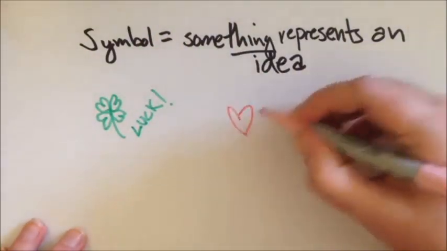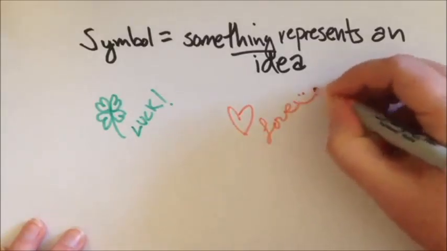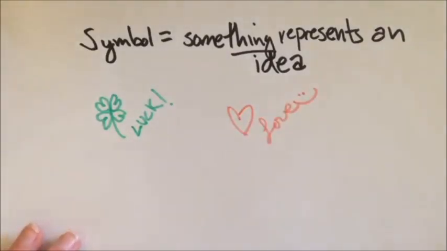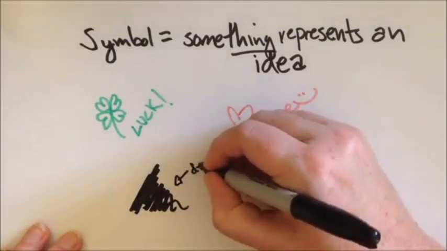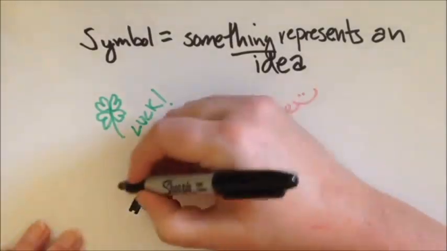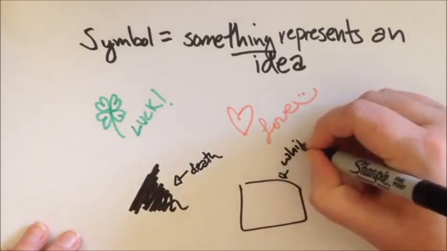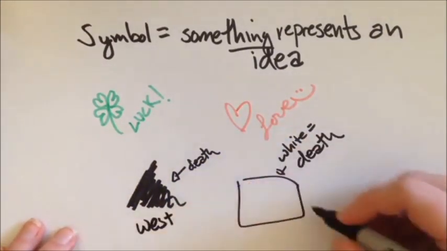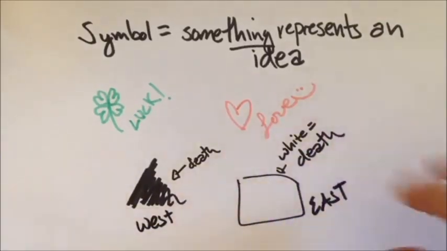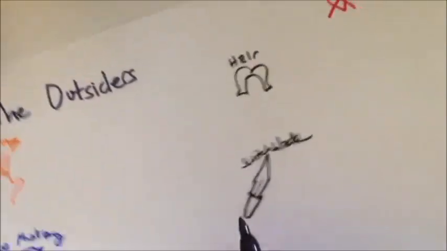Look, oh, this thing. Oh, it means love. What do we normally associate with color symbolism too? Like black is death, and this is where I like to blow their minds and do a little multiculturalism. White, hey, that means death too in many Eastern cultures. So anyway, we talk about how that's one type of symbolism, but in a text we actually do it differently.